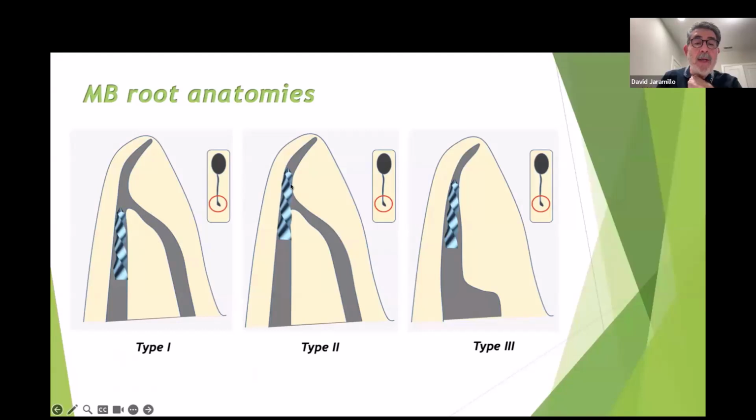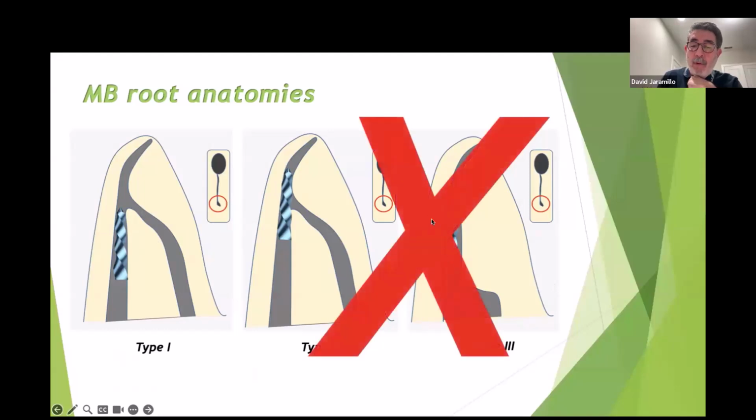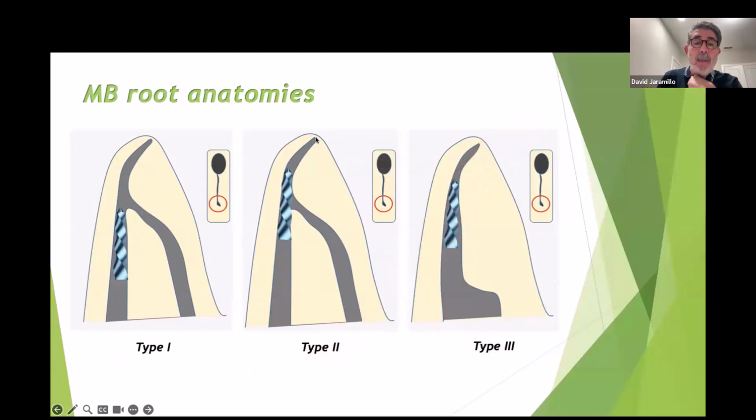In type 2, we fractured the file, blocking the MB2, and the third one was only one root canal. So if you are in this situation, whatever is left behind here is going to stay there. No laser, no multisonication, no ultrasonic is going to be able to reach the pulp tissue located in this area.